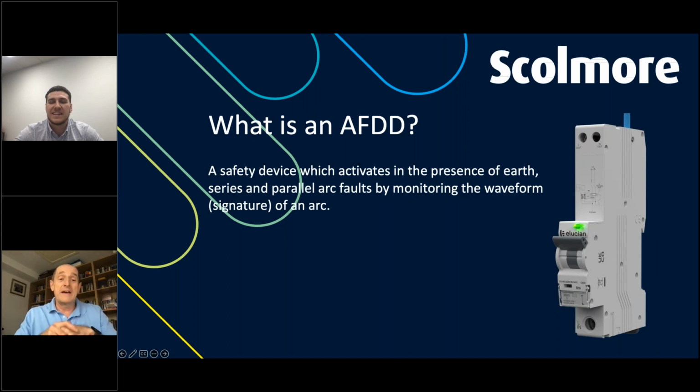Well, we know that an AFDD is an arc fault detection device. It mitigates the risk of fire in final circuits within a fixed installation due to the effect of an arc fault. The standard that deals with it is BS EN 62606.